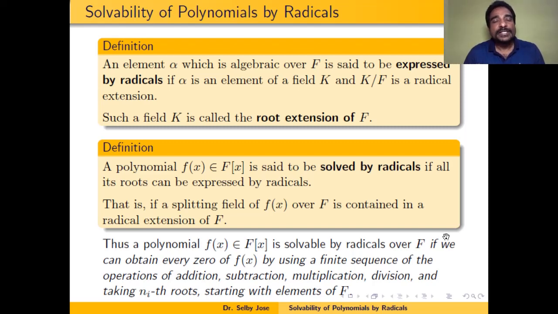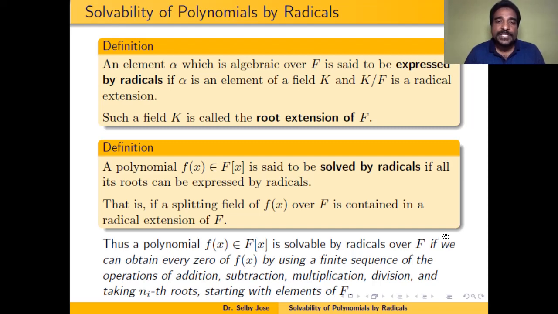So when can you say that a polynomial is solvable by radicals? A polynomial f(x) over F is said to be solvable by radicals if all its roots can be expressed by radicals. That means that all the roots of f(x) are in the top of a radical extension.